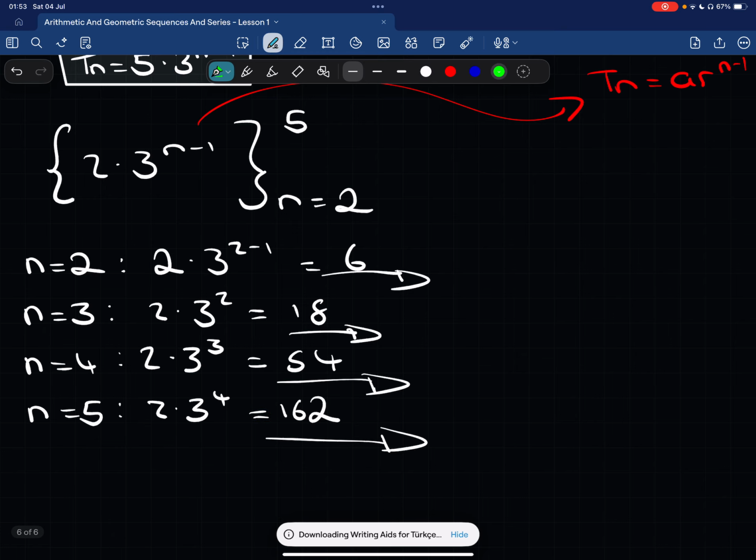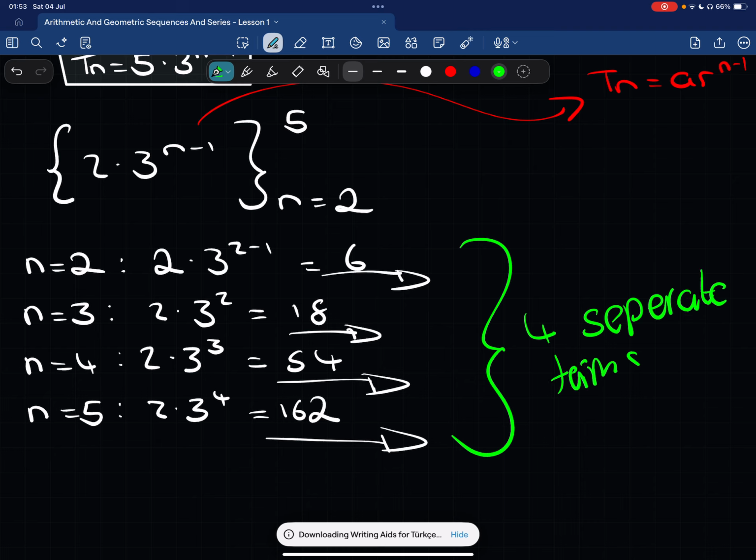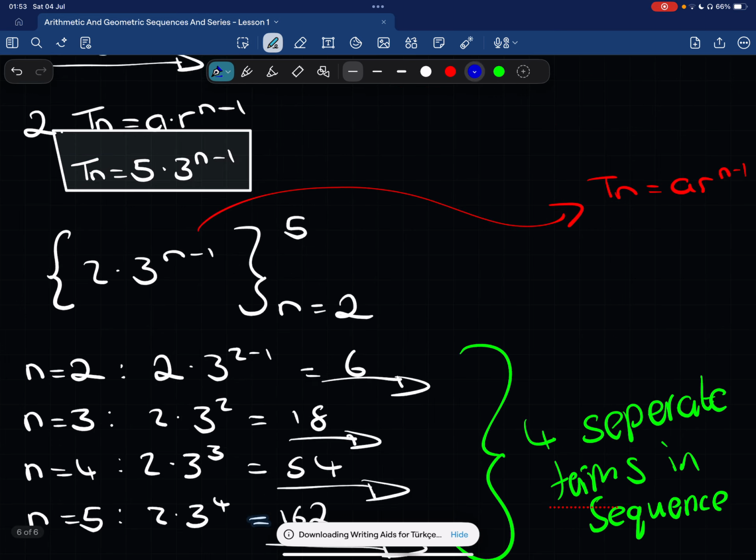And notice over here that from when n is 2 to 5, when you evaluate that, that's 4 separate terms in sequence. And based on this notation, we can determine how many different terms there are in the sequence by saying top number minus bottom number plus 1.